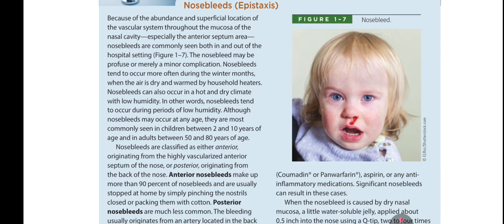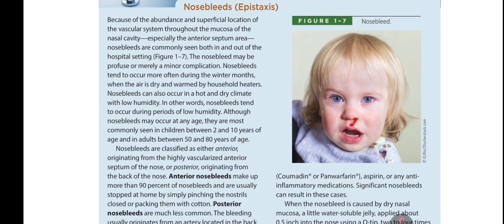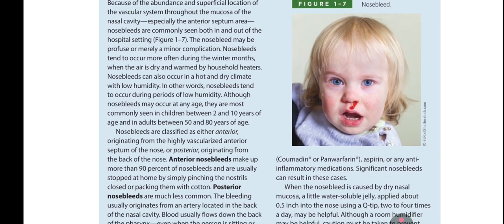Here we also have nosebleeds or epistaxis, which is very common. And did you know that there are two types? The anterior nosebleeds and the posterior nosebleeds.